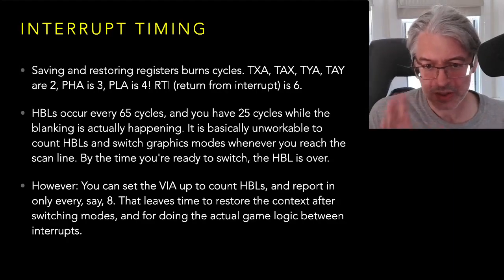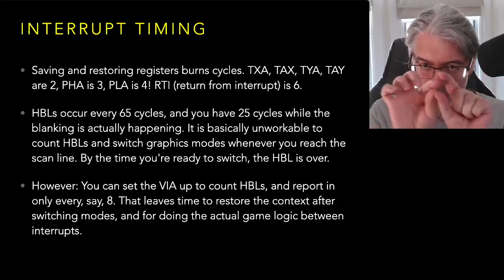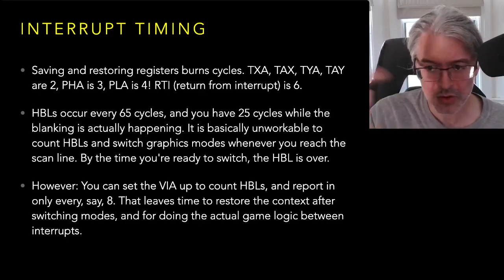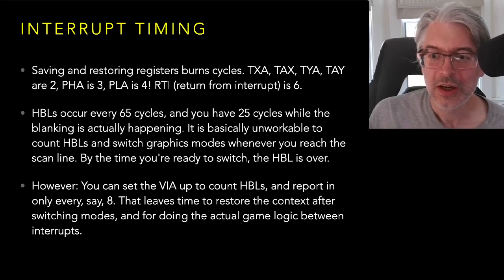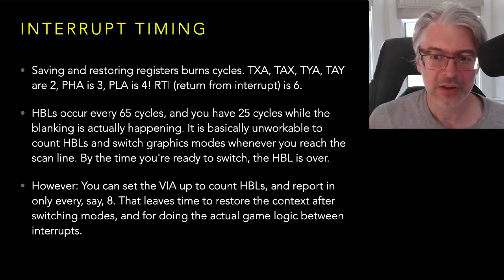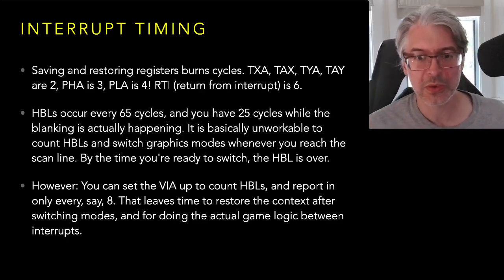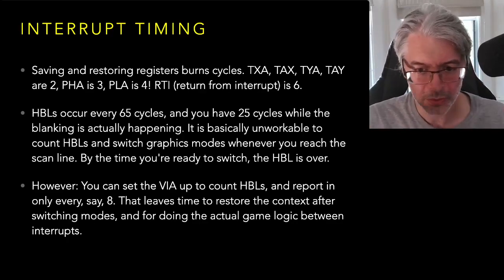So that's what I've done here. I've basically split up the screen into bands of 8, and those are the only places where it can switch. So it's going to come in with an interrupt every 8 lines, and see if it's supposed to be switching modes at that point, and if not, it'll return to running the game.